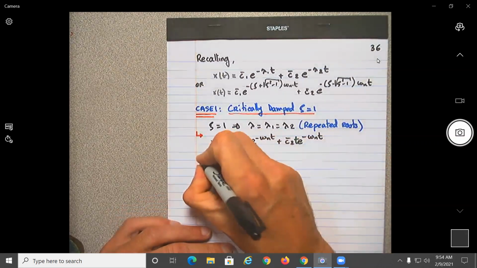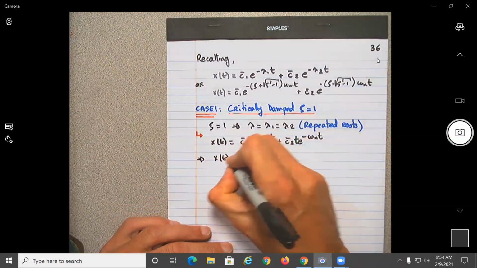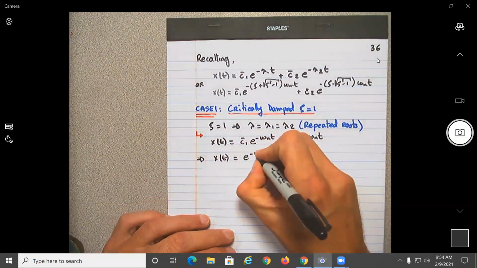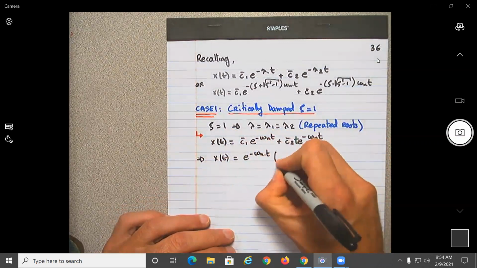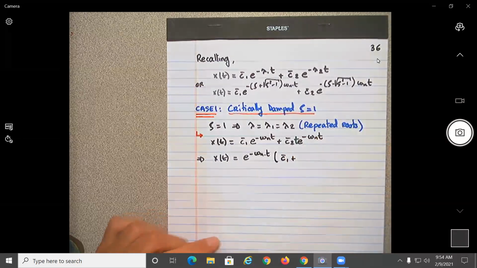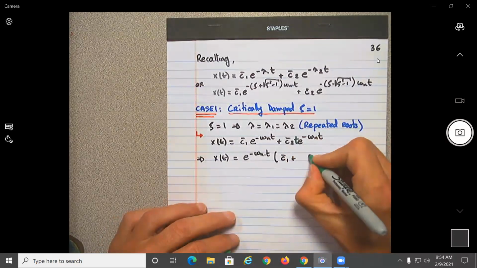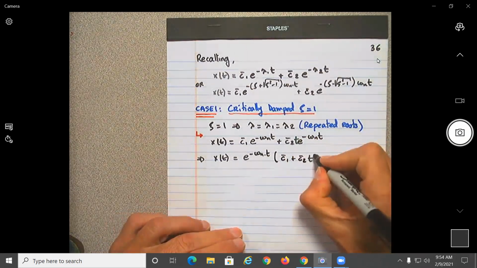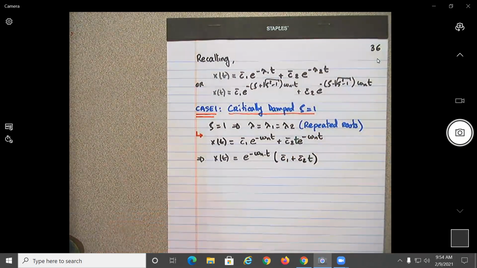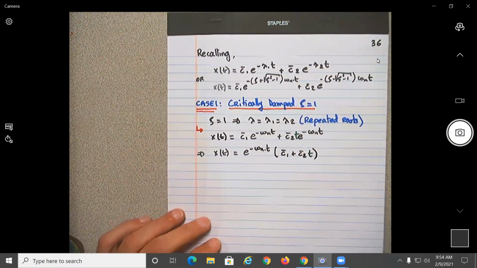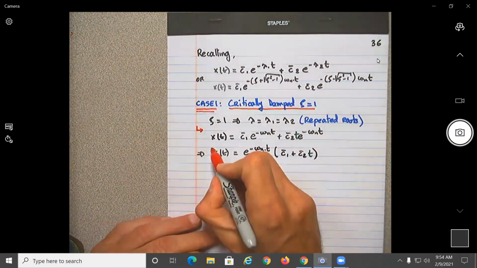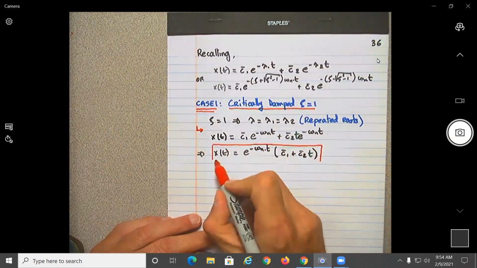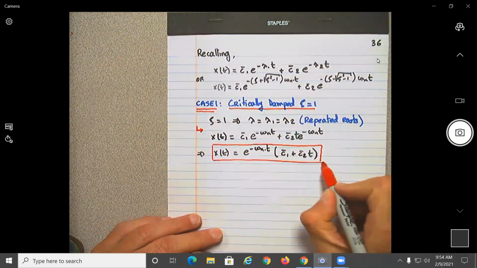Or you could just rewrite the solution as x of t equal to exponential of minus omega n t, times c bar 1 plus c bar 2 t. Okay, so this is the general form for the critically damped case.